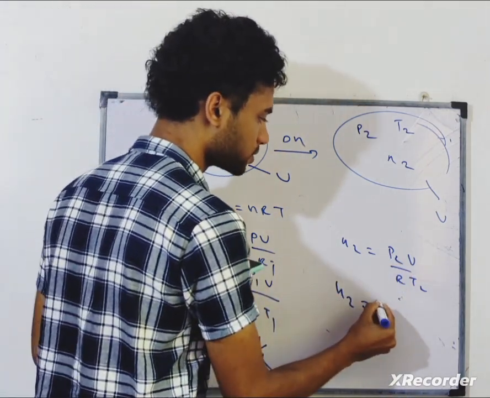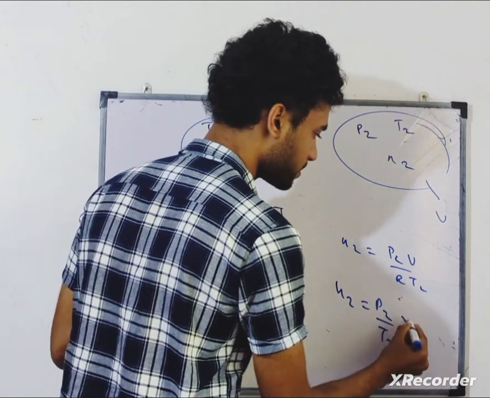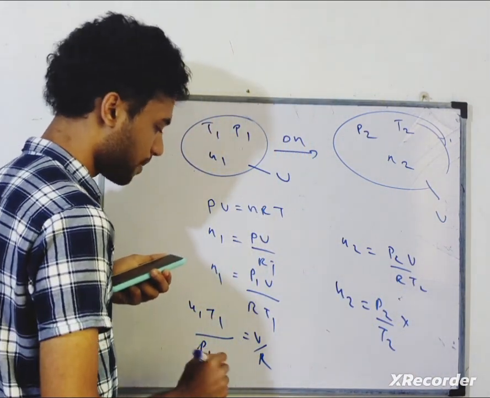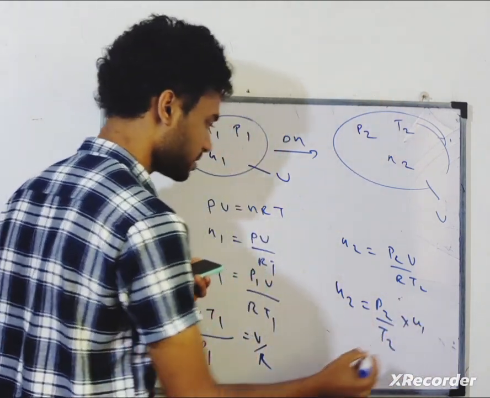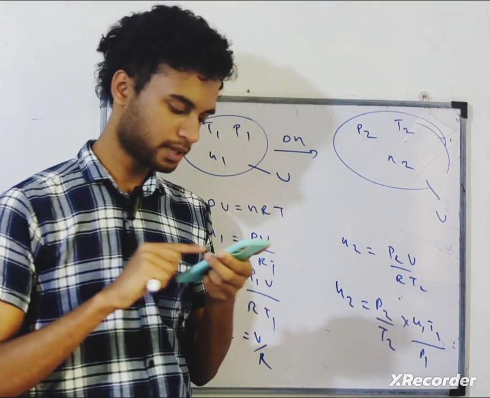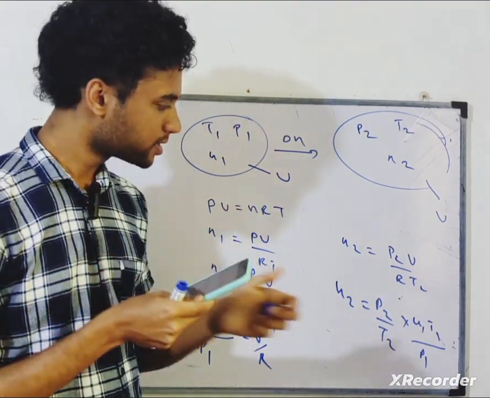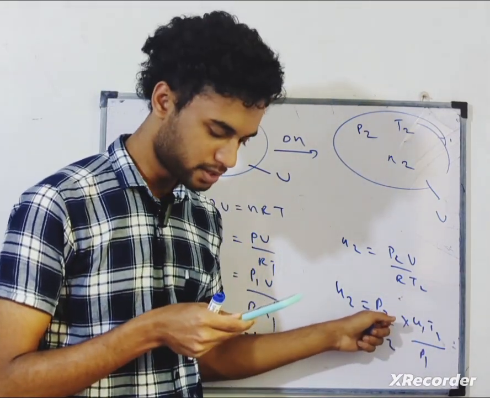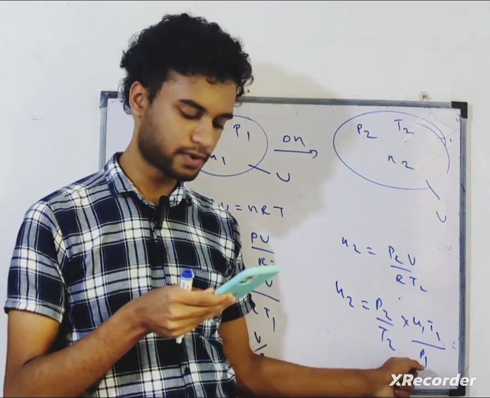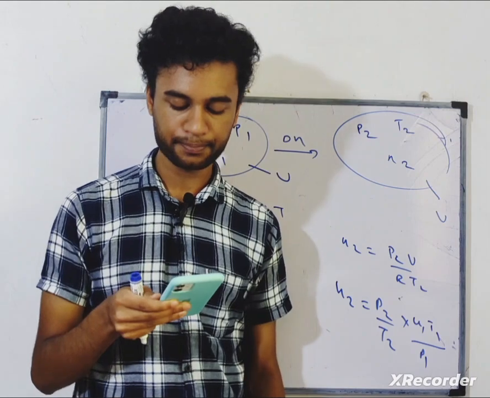Then N2 is equal to P2 over T2 times V over R, and V over R is N1 T1 over P1. Is that clear? Right. Then N1 T1 times P2 divided by T2 times P1. The answer is the second one. Very easy, right?